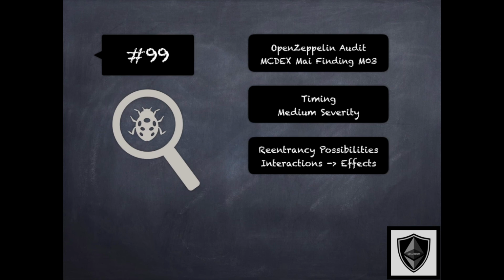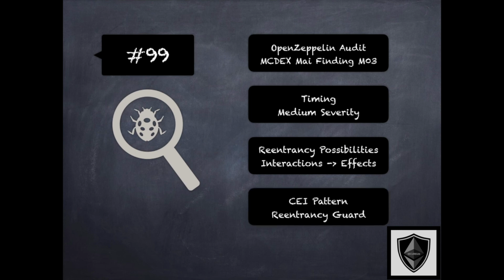These reentrancy opportunities would affect the order and contents of emitted events, which could confuse external clients about the state of the system. The recommendation, therefore, was to consider always following the check effects interactions pattern or use reentrancy guard contract to protect those functions.